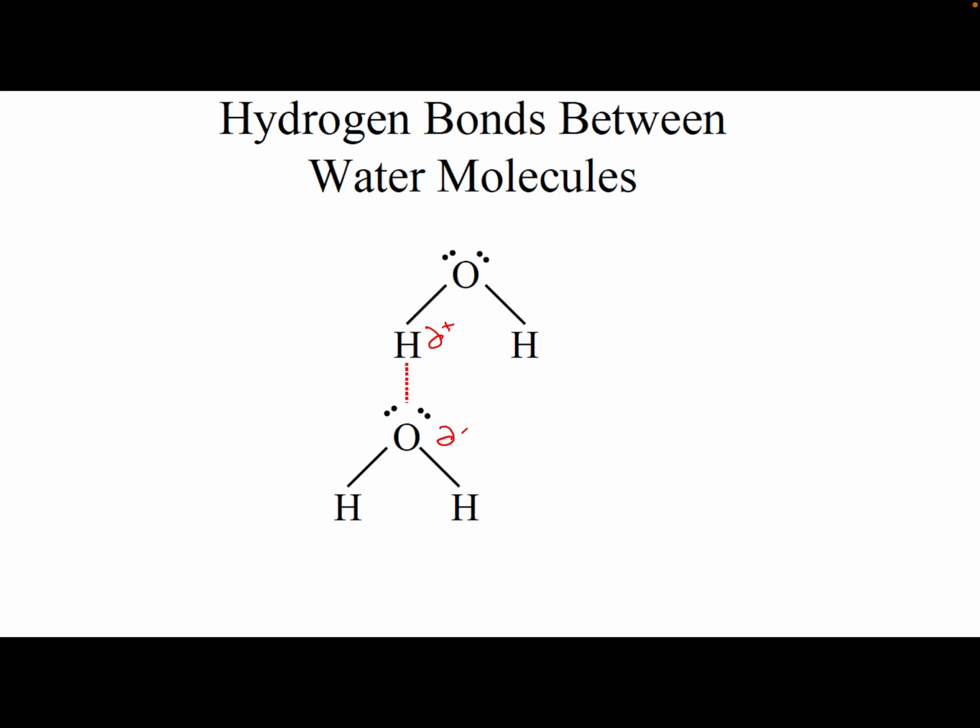So make sure you understand the orientation of the molecules in a hydrogen bond between water molecules. Basically, hydrogen bonding is the reason that water has a relatively high boiling point.